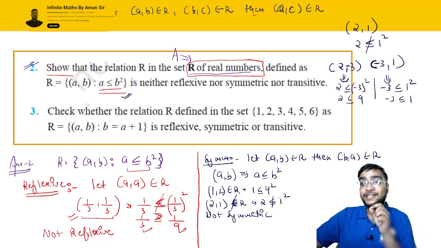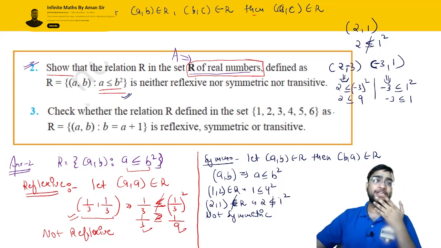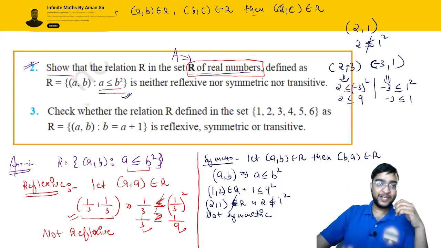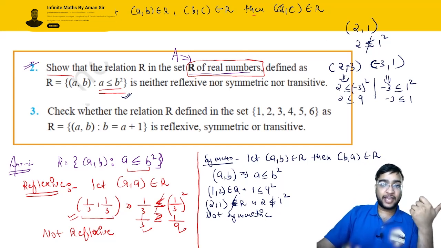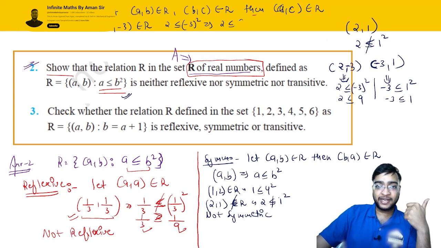No sir, so that is the contradictory condition I can take for this example. So that's how it's simple for you guys. I can say (2, -3) is in the relation, and it follows my condition, that is, 2 is less than (-3) whole squared, that is 2 less than 9 here only.